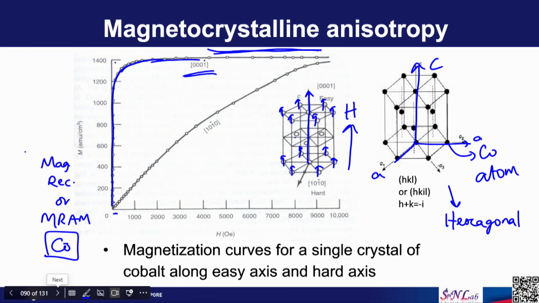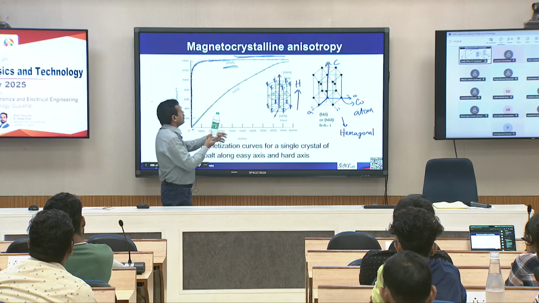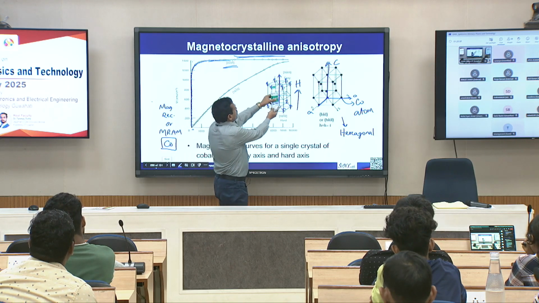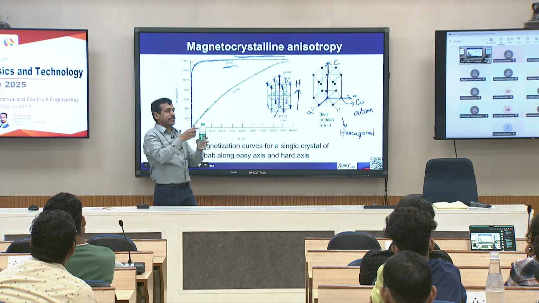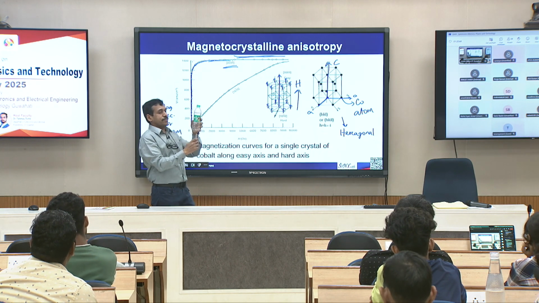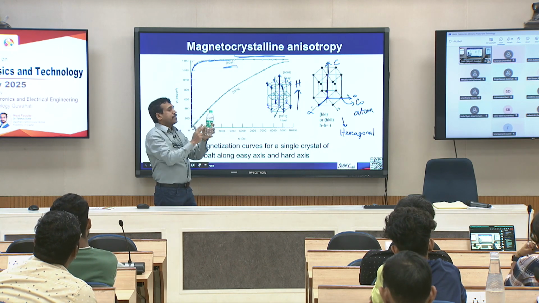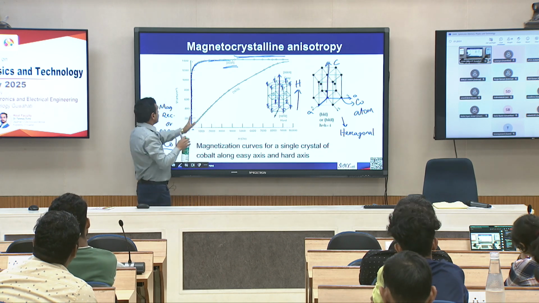Let us say this bottle represents the cobalt crystal, and the C axis, the easy axis, is along this direction, the height direction. In this direction if you apply a magnetic field you can saturate easily.